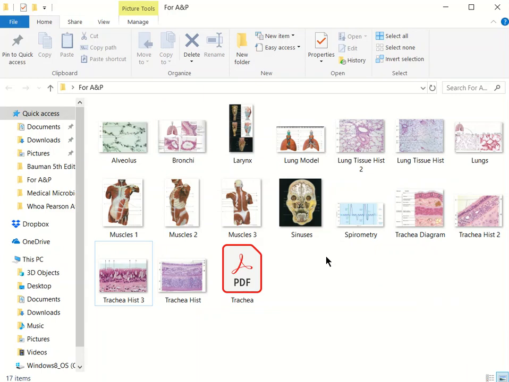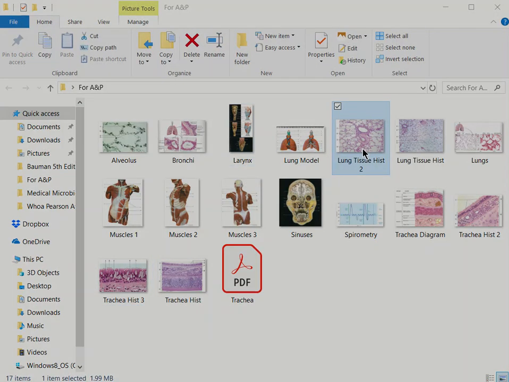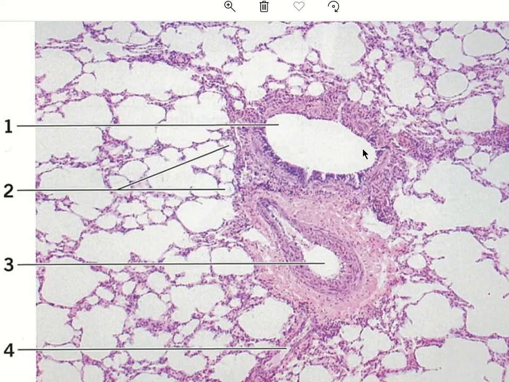Okay, so the next one you need to know is lung tissue. So for lung tissue, pull out your tag list here. For your lung tissue, you're going to need to know the difference between alveoli, simple squamous epithelium, capillaries, bronchioles, simple cuboidal epithelium, and smooth muscle.